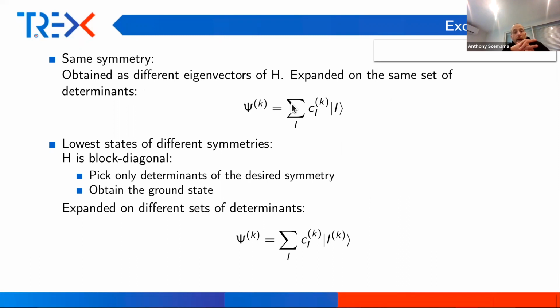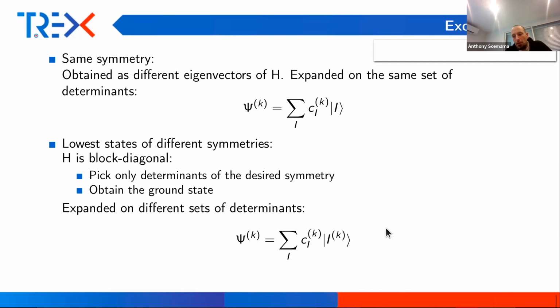But you could also have states of different symmetries. For example, you could have a ground state of symmetry A1 and an excited state of symmetry B2. In that case, A1 and B2 are expanded on different determinants.